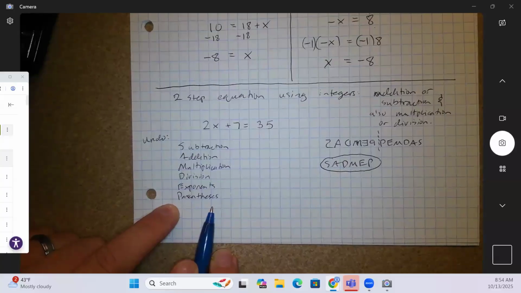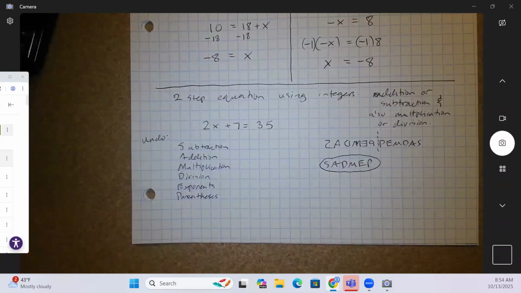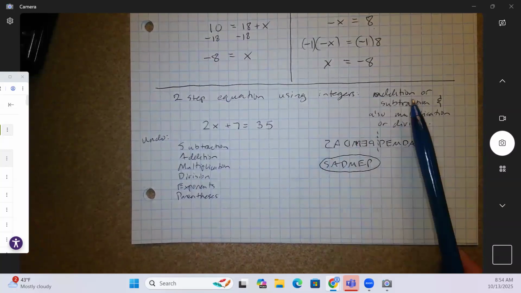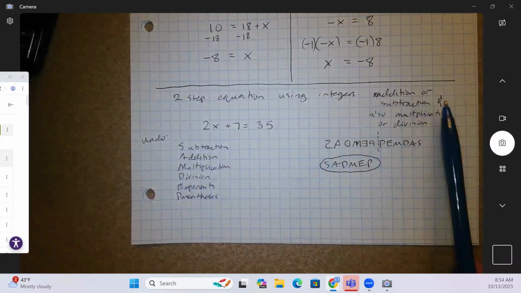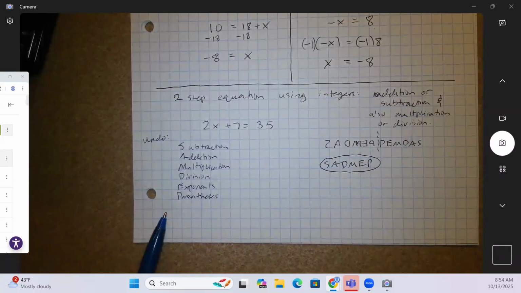But if it's super straightforward then yes, we do the parentheses last. So for a basic two-step equation that involves addition or subtraction and also multiplication or division, we SADMAP to undo.